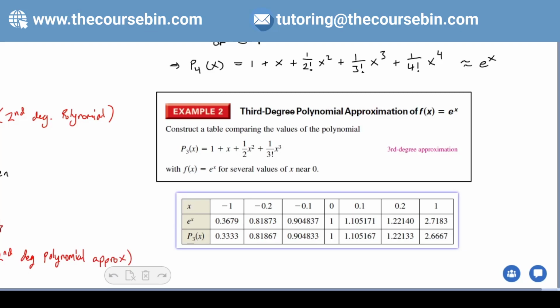This is the polynomial's value. If you plug in x equals 0.1, you get 1.105167. If you plug in x equals 0.1 for e to the power of x, you get 1.105171. So you see, the approximation is good up until the 4th decimal place.